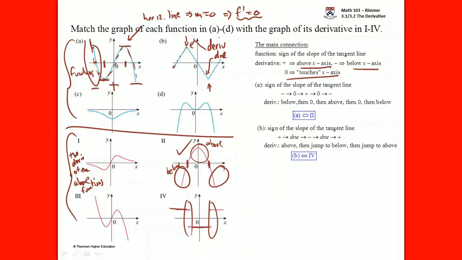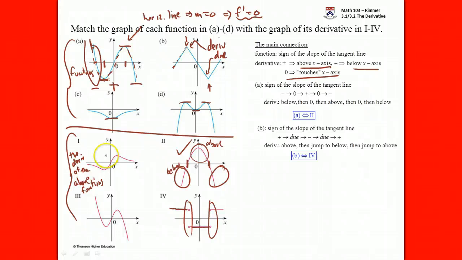And now we have to decide between C and D and Roman numeral 1 and Roman numeral 3. Let's use our zero check. Zero tangent line slope, once, 3 different times, corresponds to the graph of the derivative going through the x-axis or touching the x-axis the same amount of times.